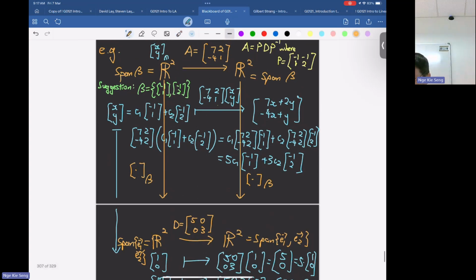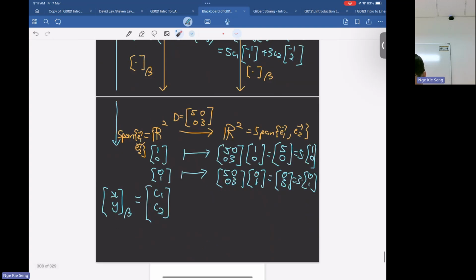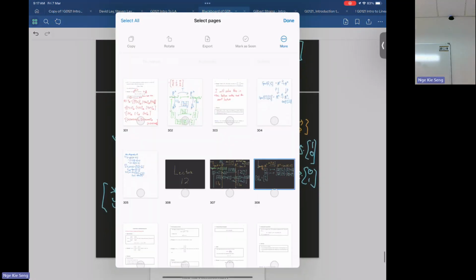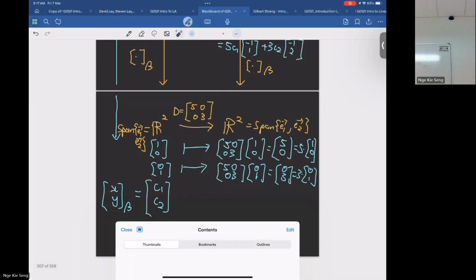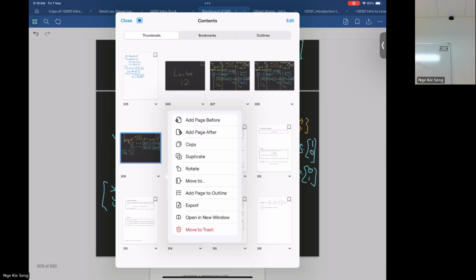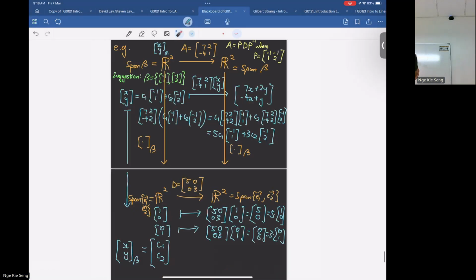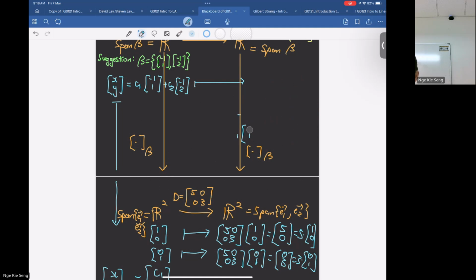To prove that it's true for all elements, we just need to check on the basis elements. Let me duplicate these.